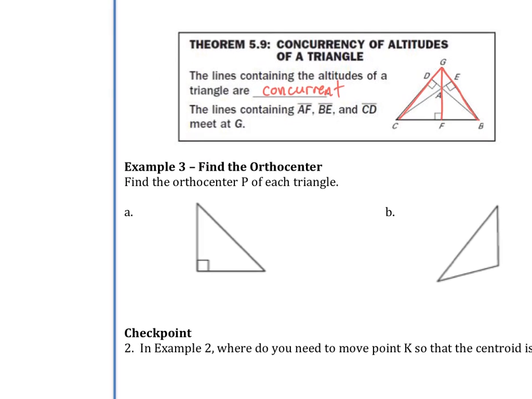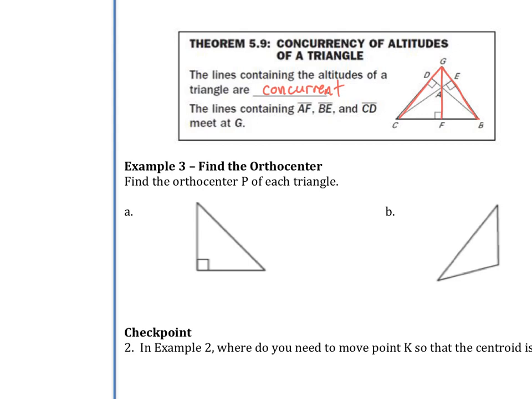So if we draw them, I'm going to draw the 3 altitudes in 3 different colors. So the altitude from this point up here, this red point, is going to form a right angle with the opposite side. So what you can see is that there already is a right angle formed. This red line right here is one of your altitudes. That blue point, the altitude would go from the blue point to the opposite side and form a right angle.